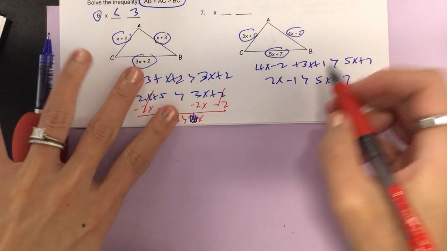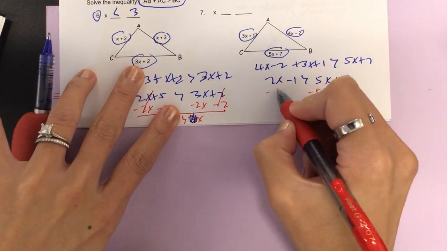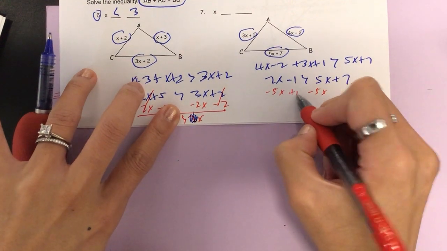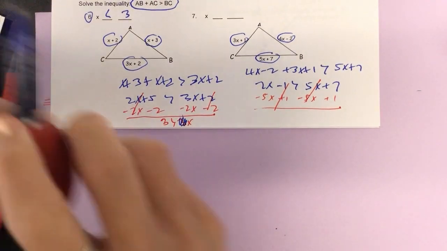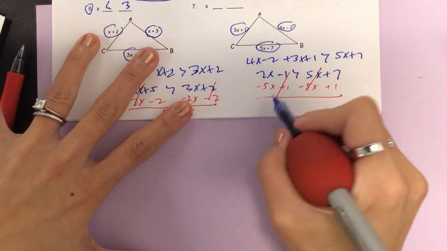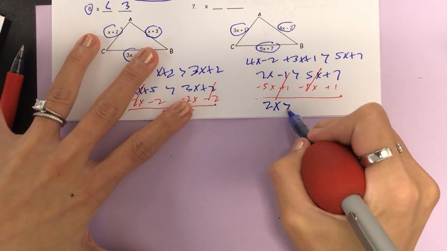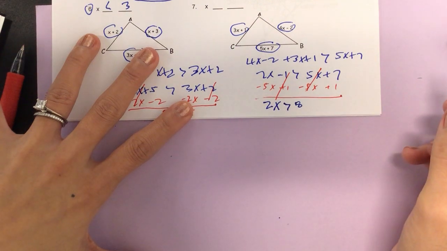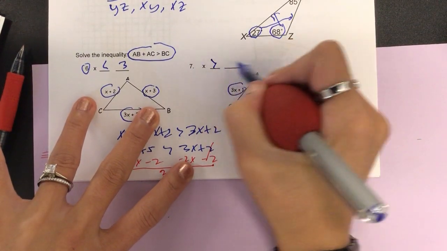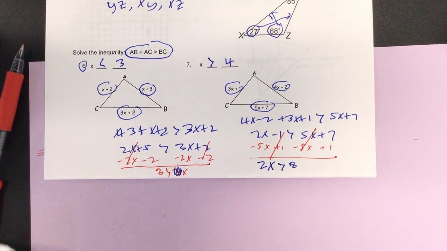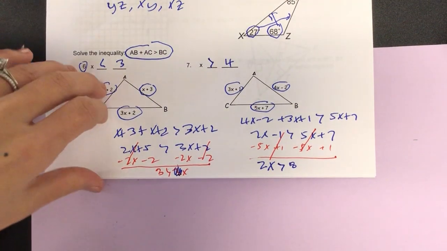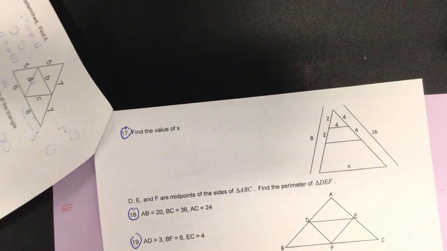Again, let's do two things at the same time: minus 5x, and then add 1. That's going to cause this one and this one to go. How many x's remain on my left? 2. So 2x is greater than 8. When I divide by 2, we get x is greater than 4. Okay, now let's go on to number 8.